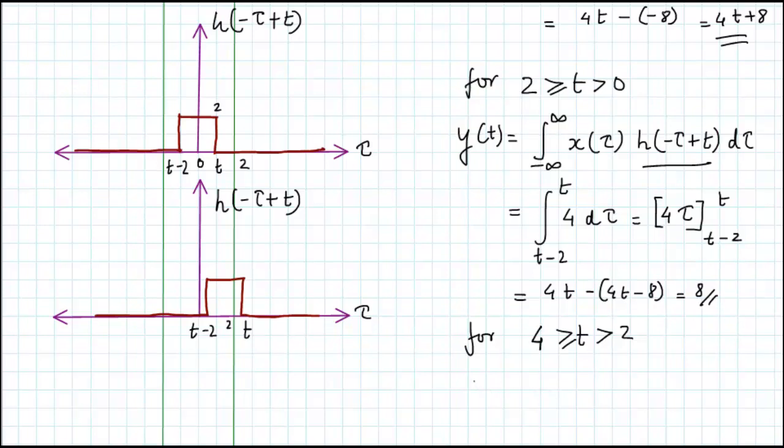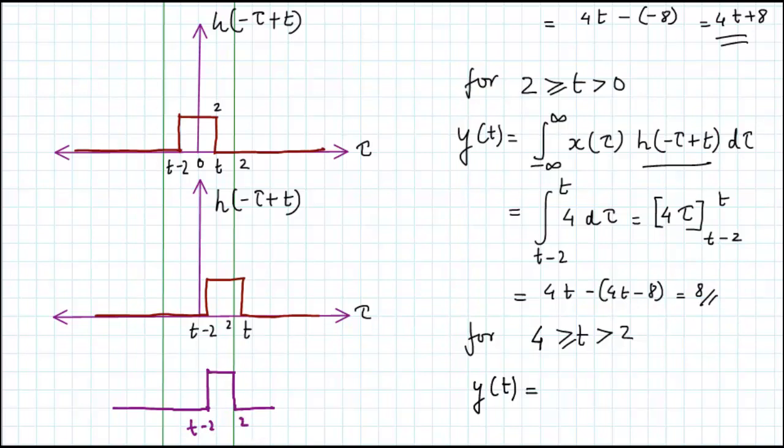Then we will write y of t is equal to, and I'm not going to write the equation again and again. If I multiply this with x of t, then the multiplication starts at this point and ends at this point. Clear? This value is t minus 2, whereas the upper limit will always be 2, where the axis is.